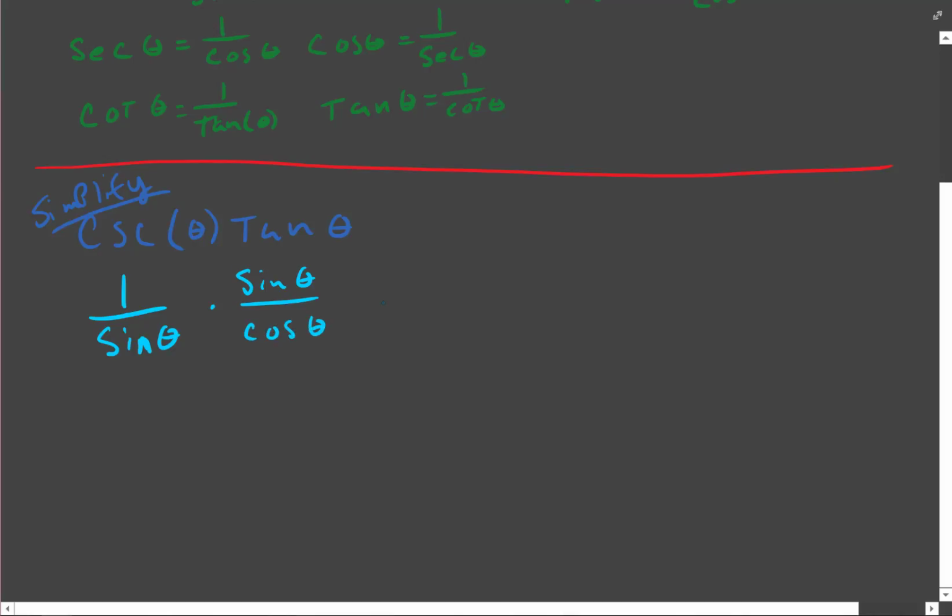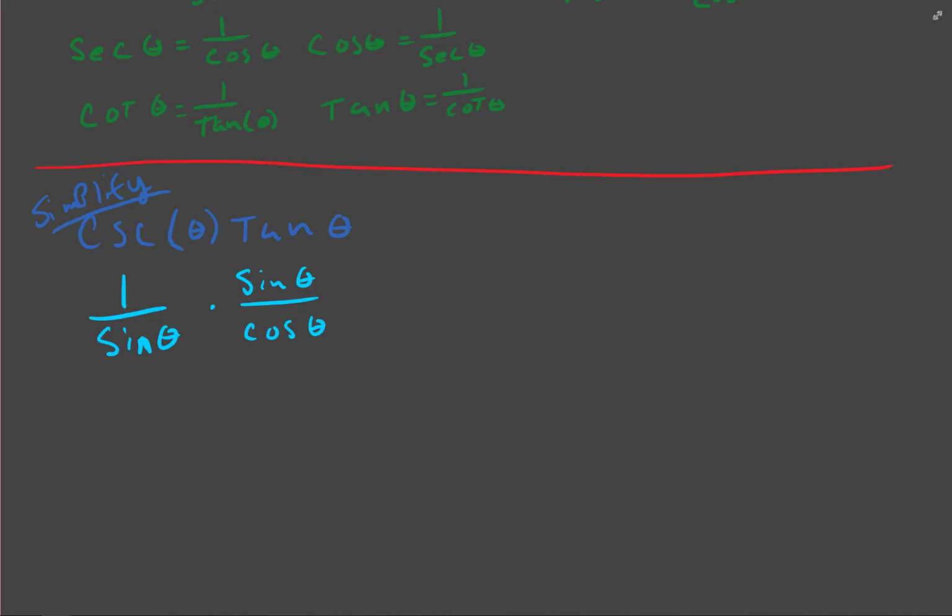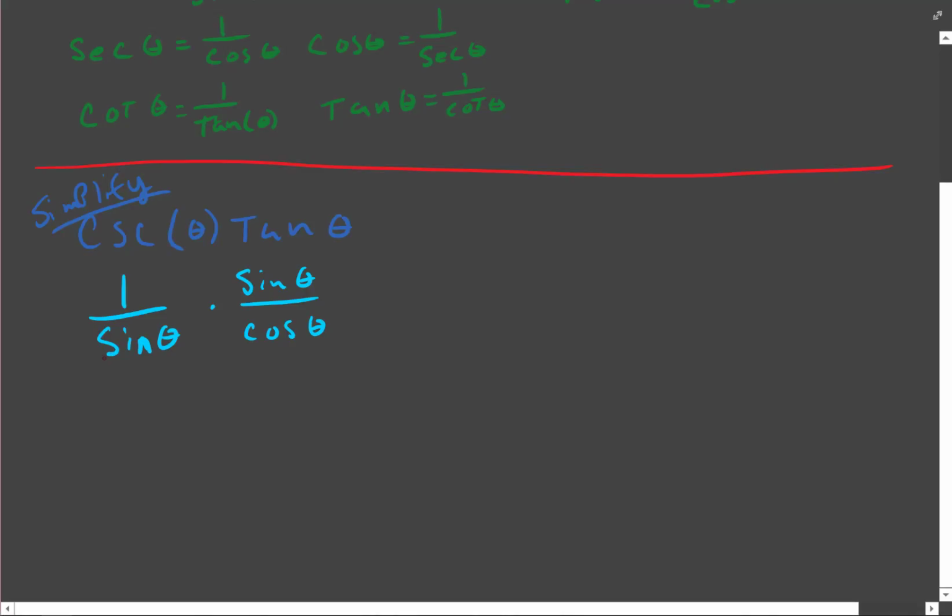And hopefully you can see right where this is going. It's not very complicated. We can simply cancel these out. And this now becomes 1 over cosine of theta. Well, I'd rather not write that as a fraction like that. And 1 over cosine of theta we know is equal to secant of theta.